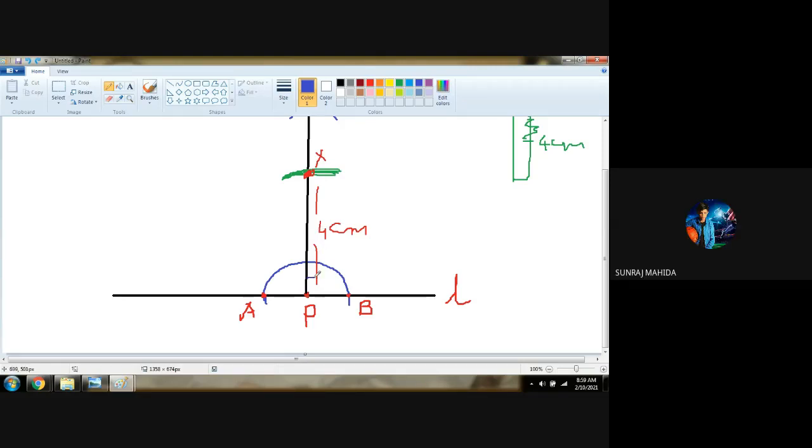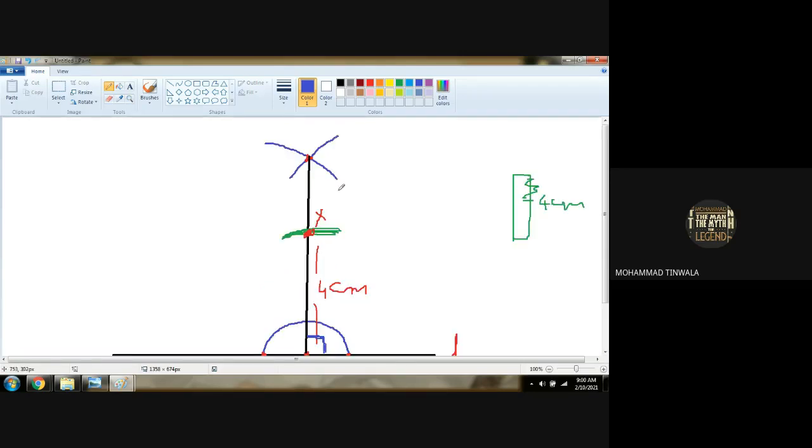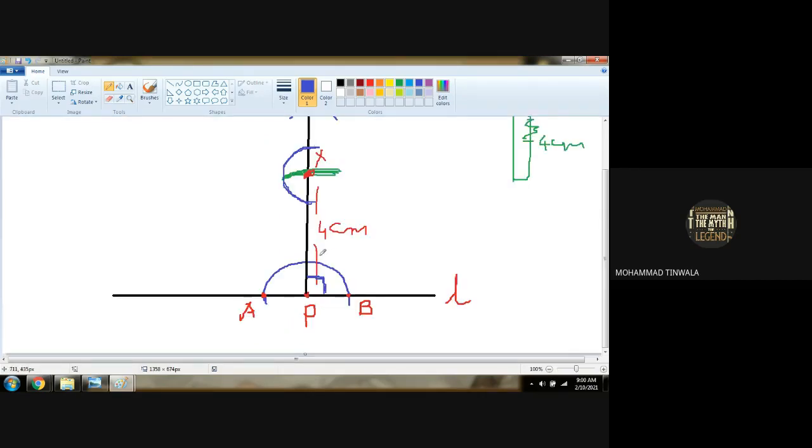This angle is 90 degree, will be equal to the another angle which will be formed as an alternate interior angle. So for the alternate interior angle, can I take a center point P with the center point X with a random measurement, and can I draw an arc of preparing the 90 degree angle over here like this, cutting line segment PX? Can I construct this?